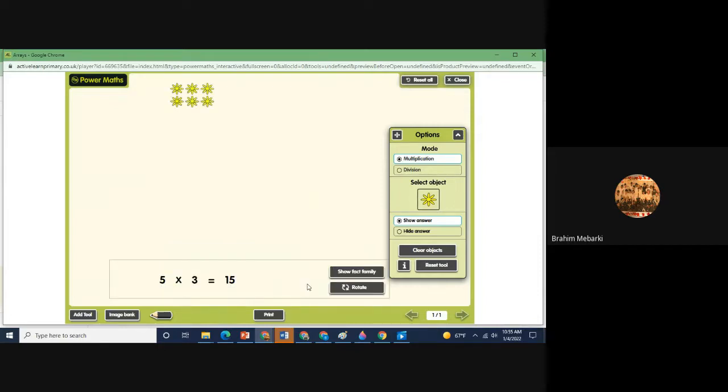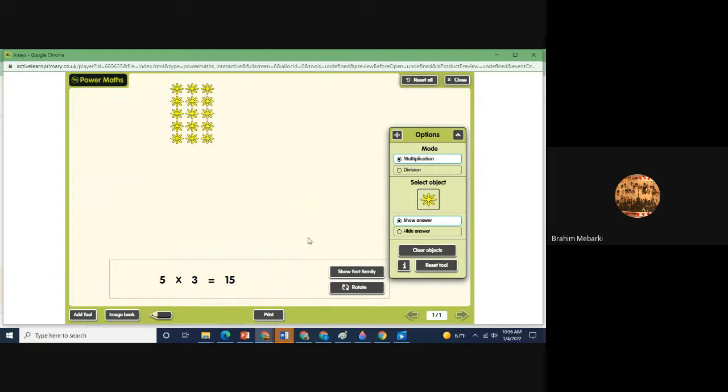All right. Can you see now? So 5 times 3 equals 15. 1, 2, 3, 4, 5 flowers. So I have a column of 5 flowers repeated 3 times. That means 3 columns. 1, 2, 3. The total is 15. So this is an array.